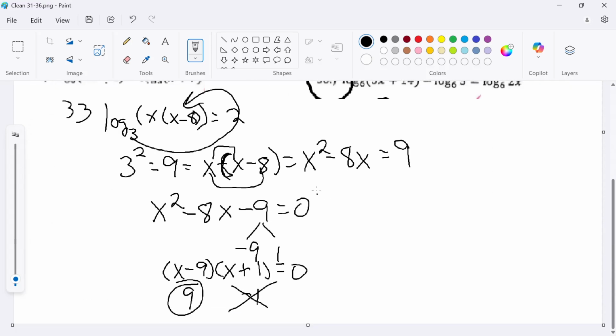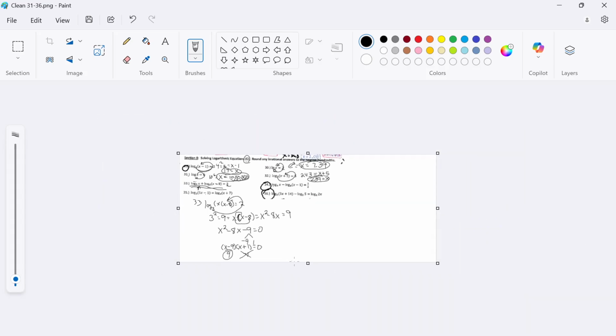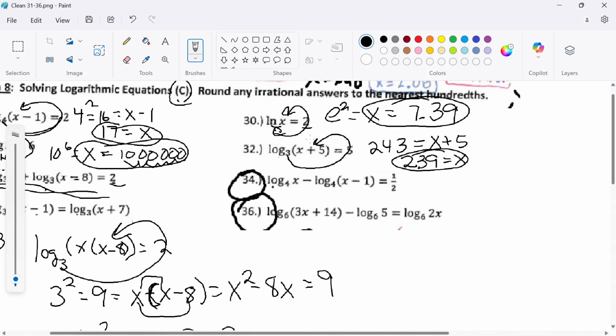All right, 34. I'm going to make this a little bit bigger, so I have room to do these last ones. 34 I'll do over here. I think that says log base 4 of x minus log base 4 of x minus 1 equals 1/2. Well, again, I want just one log on one side.